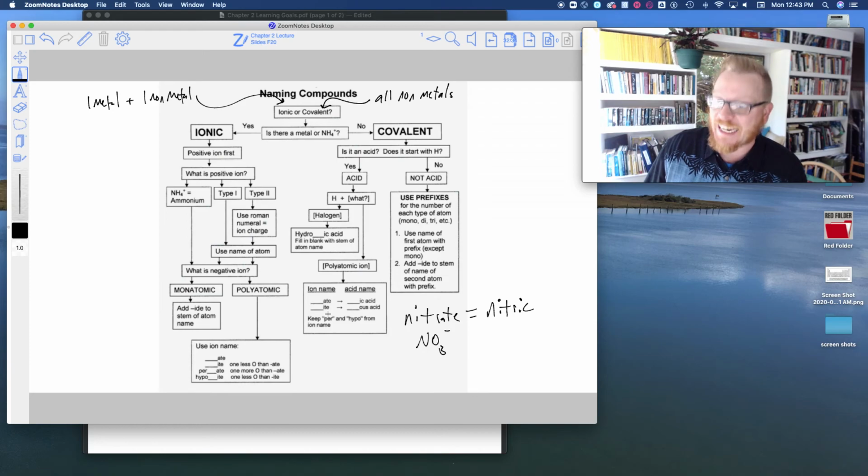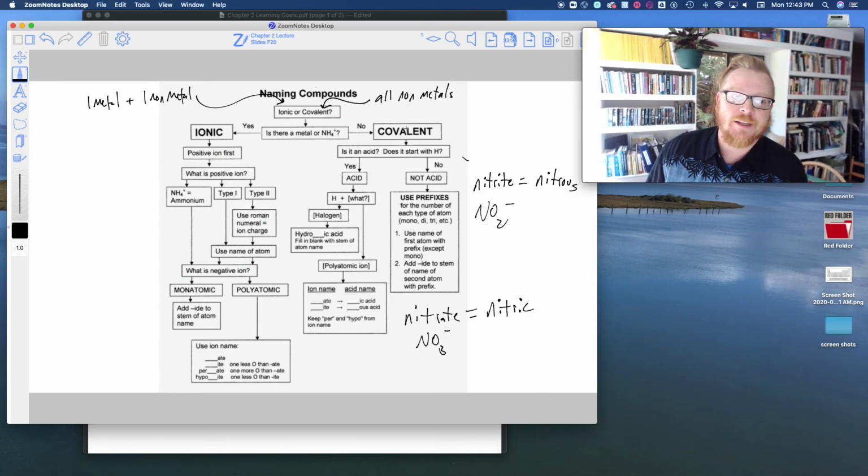So what if it's an ite, like nitrite? Nitrite is NO2 minus. This is why you're going to make flashcards, right? So that you know the difference between nitrite and nitrate. So nitrite becomes nitrous acid. Okay? So that's covalent.